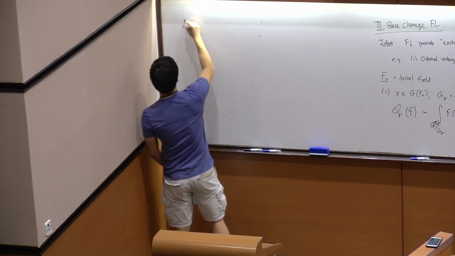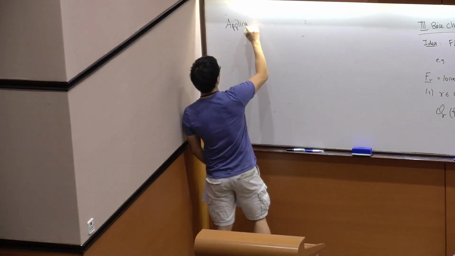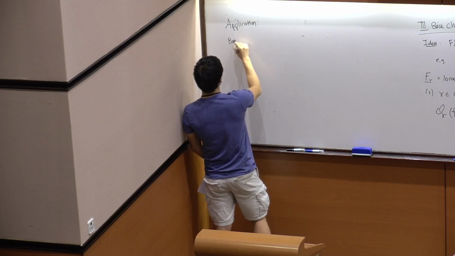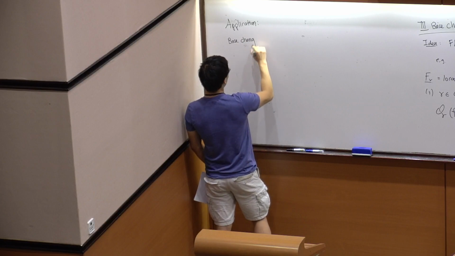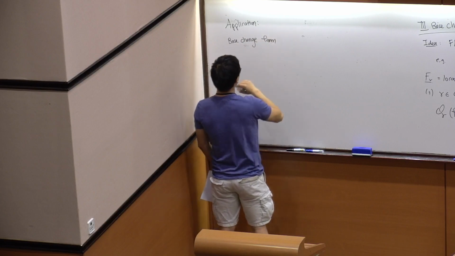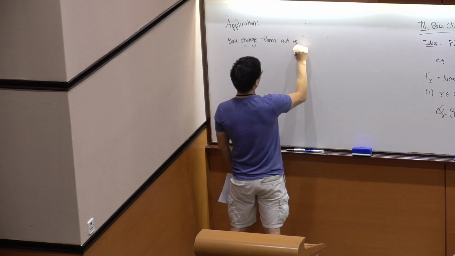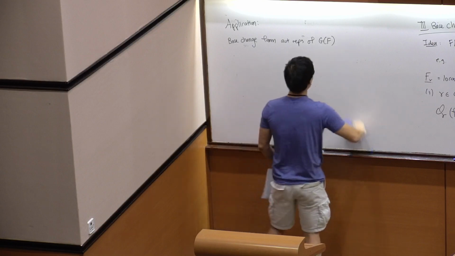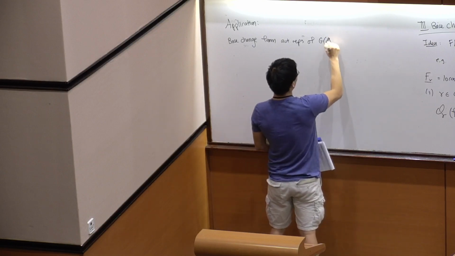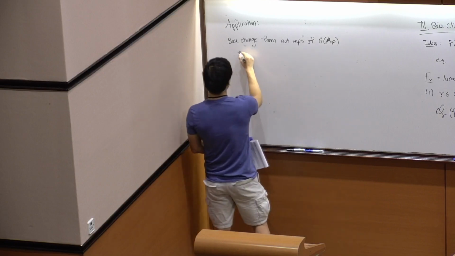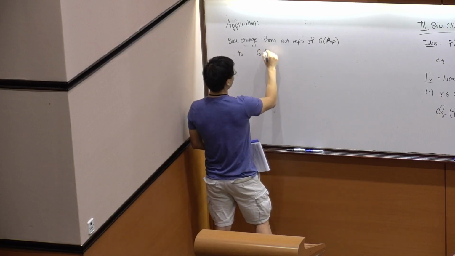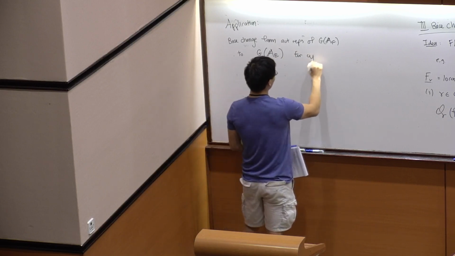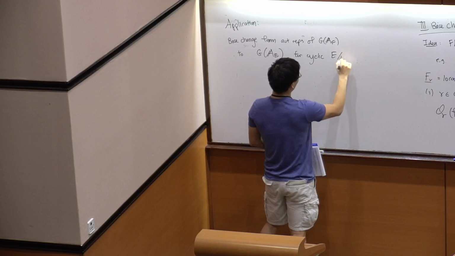Okay, so the application would be the base change problem from automorphic representations of G of AF to G of AE for a cyclic extension E over F.